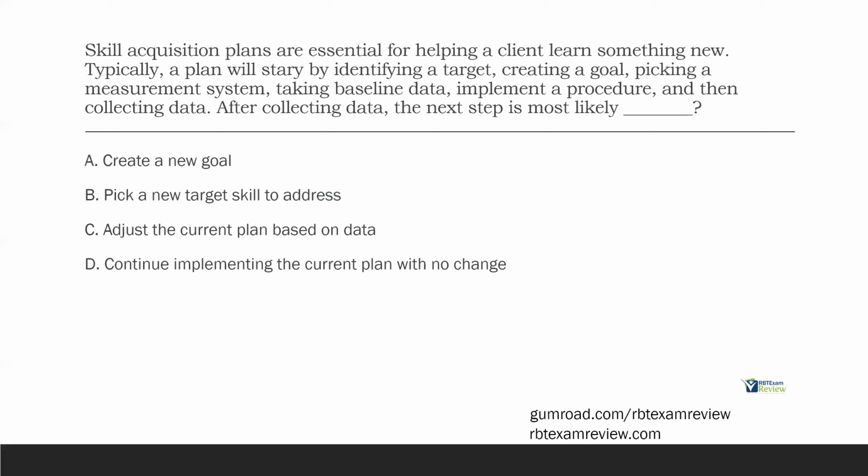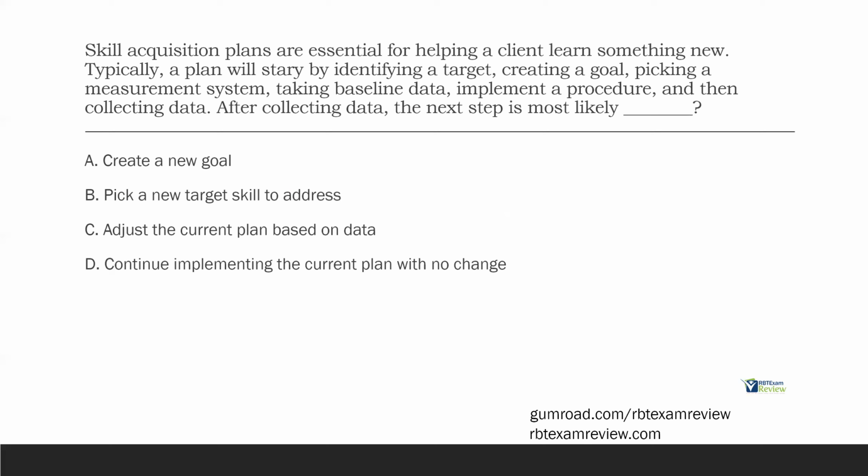After you collect data on a target skill, what is the next step? You've already done everything else. You have a goal, you have baseline data, you have measurement, you have procedures. You've collected your data. Now what do you do?